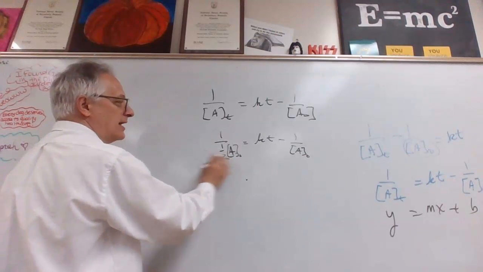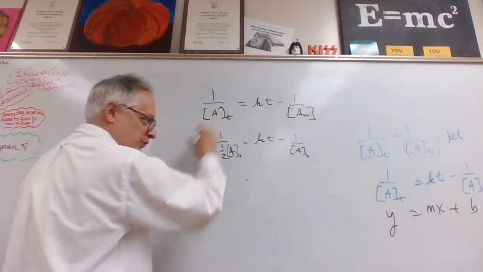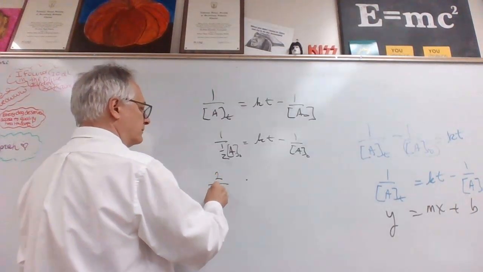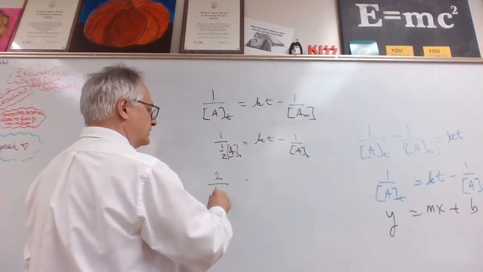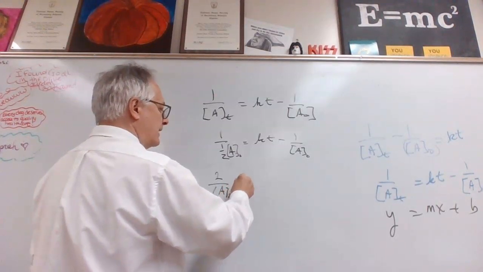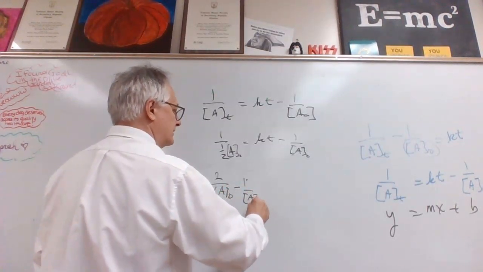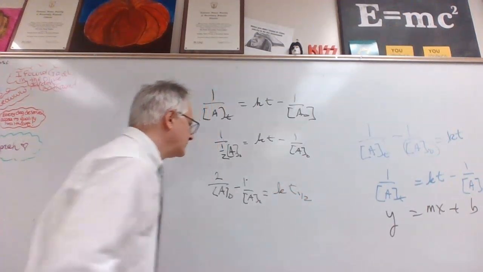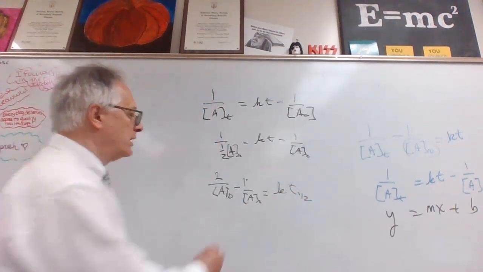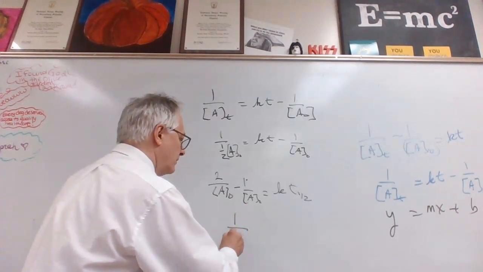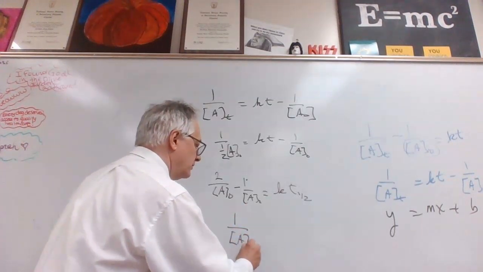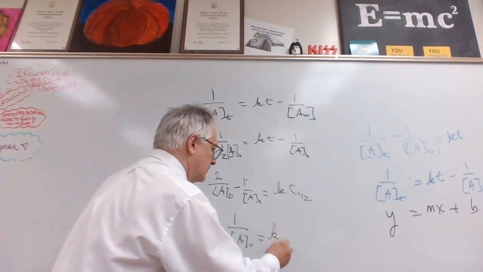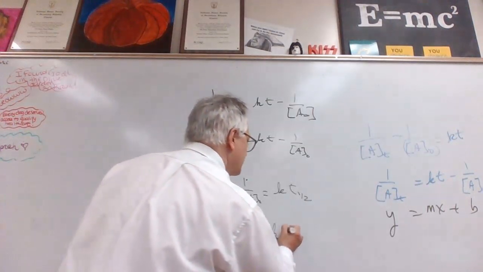If I calculate this and switch it around, I have 2 over a0 minus 1 over a0 is equal to k times the t1/2. So 2 minus 1, I have 1 over my initial concentration is equal to k times the half-life.